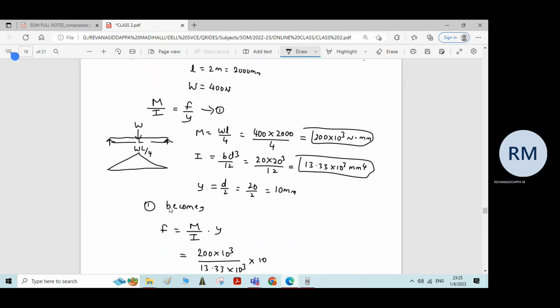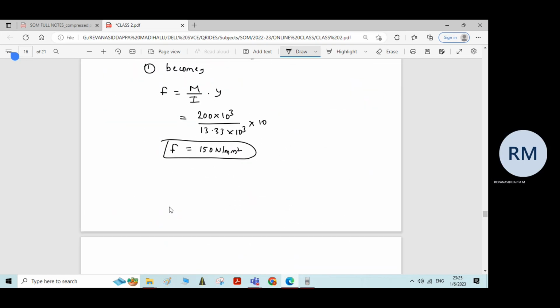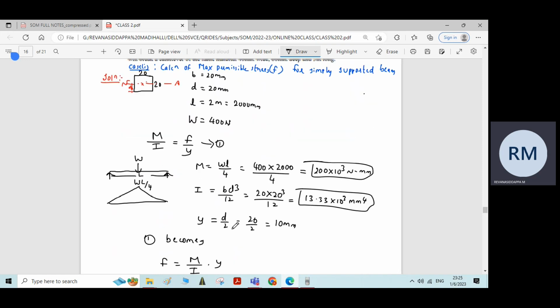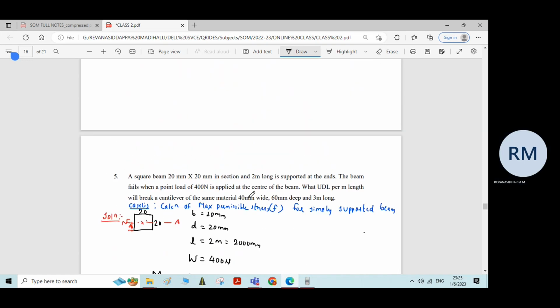Now, using this maximum permissible stress, we will evaluate the UDL per meter length, with the cantilever beam of same material. The material of the beam is same, but in the first case it was simply supported beam.